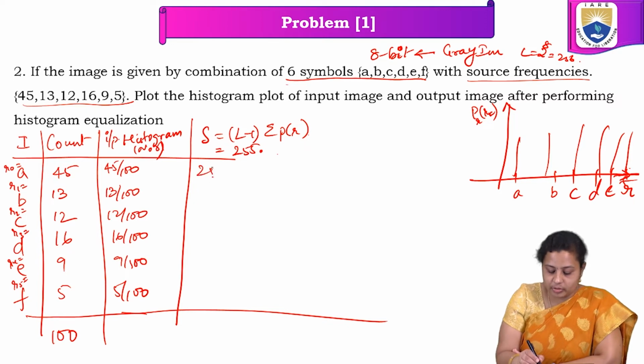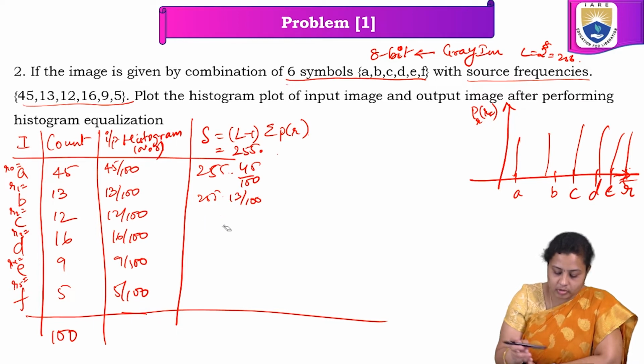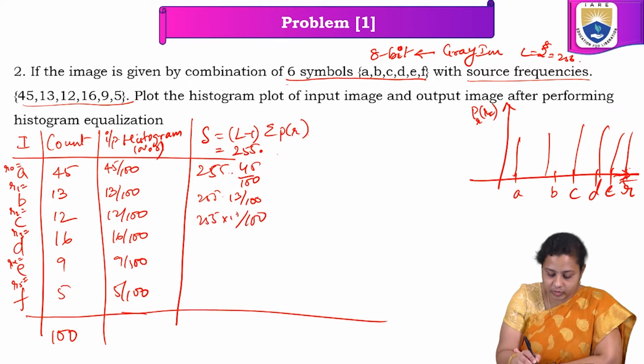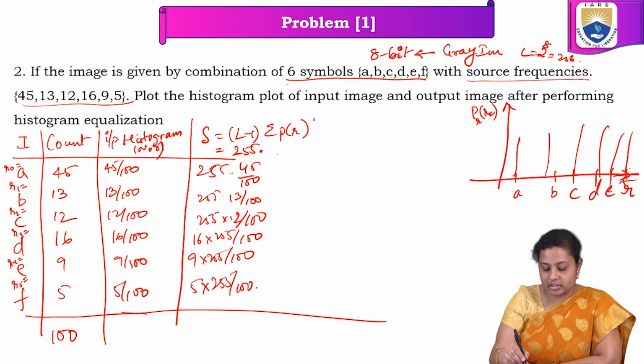So this is 255 into 45 by 100, then 255 into 13 by 100, 255 into 12 by 100, 255 into 16 by 100, 255 into 9 by 100, and 255 into 5 by 100. So these are my output intensity values.